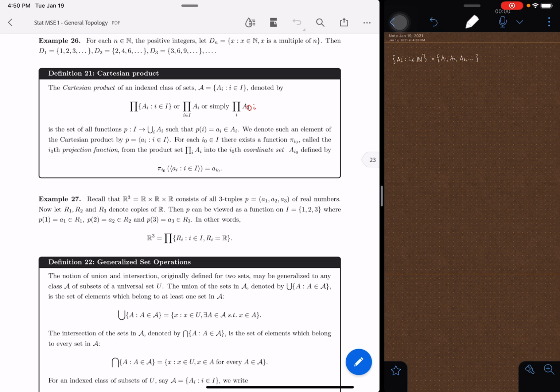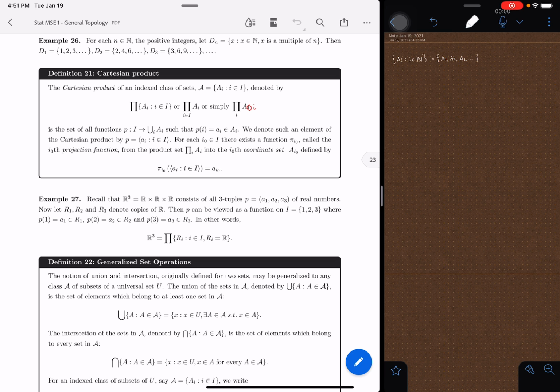So if we have a family of indexed sets, denoted by script A, the set of all a sub i, where i is in capital I, then the Cartesian product of every element a sub i in script A is denoted by pi of every a sub i where i is in capital I, or simply pi of a sub i.